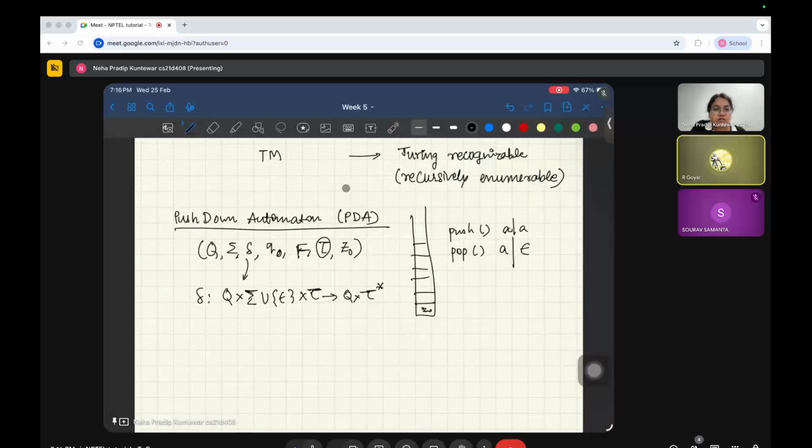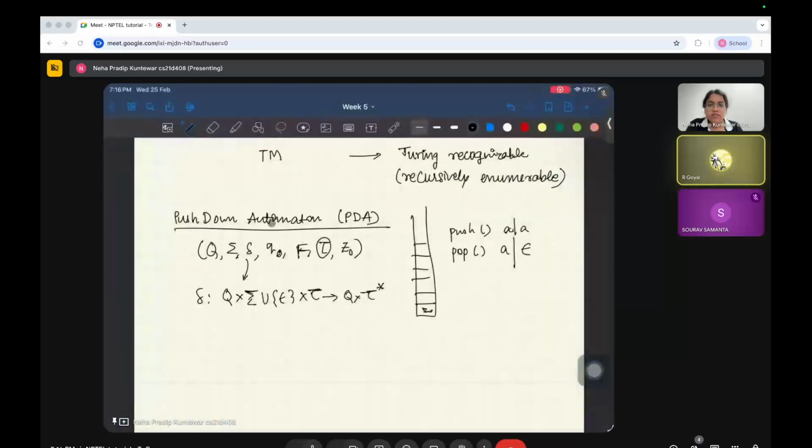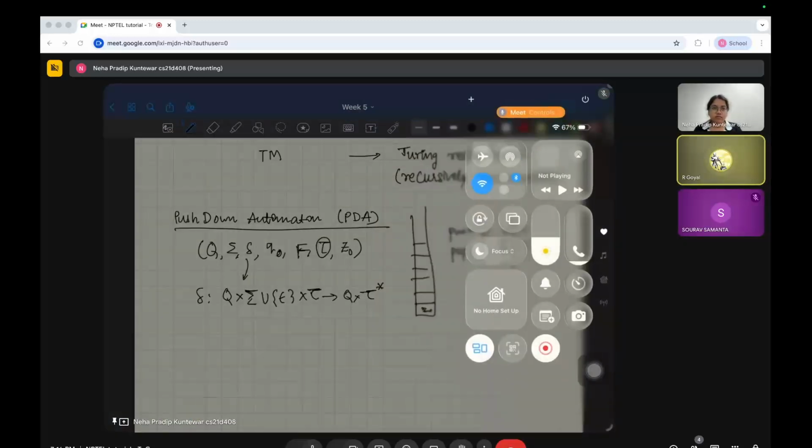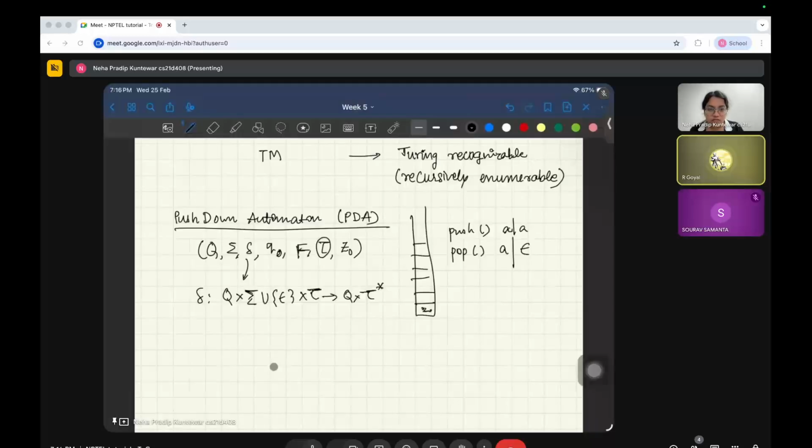It says that PDA is a six tuple. So which of these elements is not there in their six tuple? I guess their Z naught is not given, and the PDA can make a move even when the stack is empty, and then they design PDAs slightly differently, in a different way also.